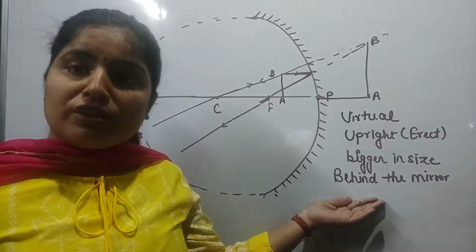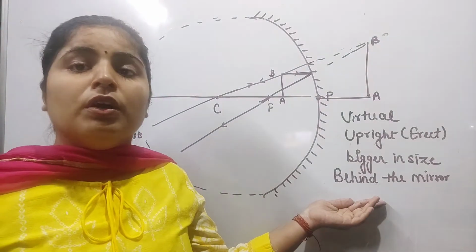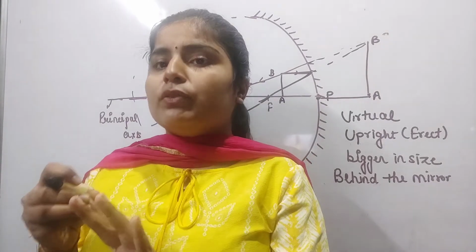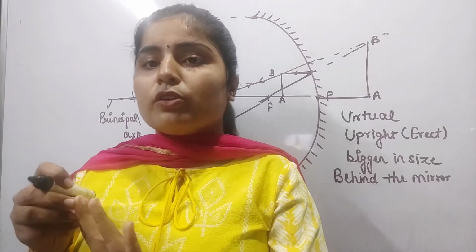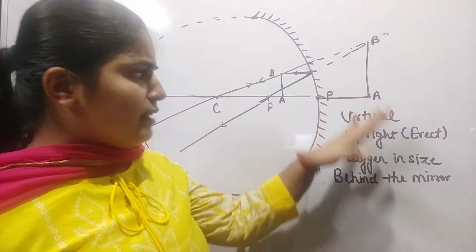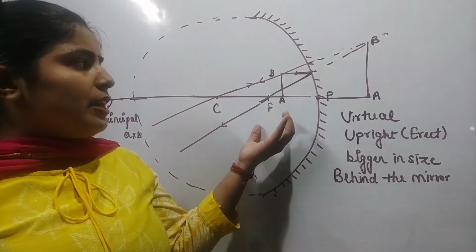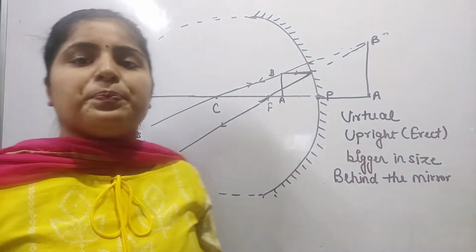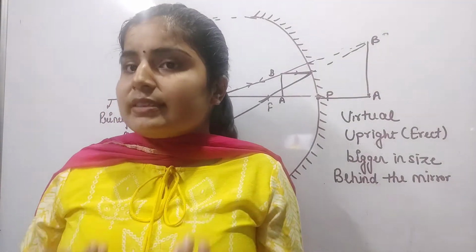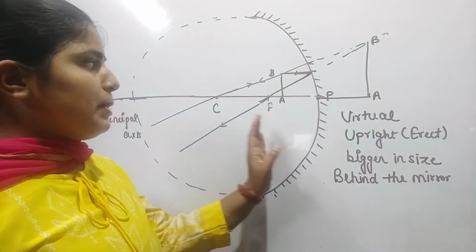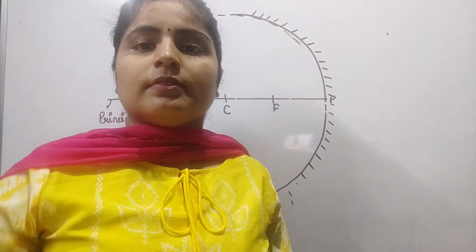The question always says that you have to write four characteristics of the image. So these are the four characteristics of the image formed when the object is placed between the focus and the pole.